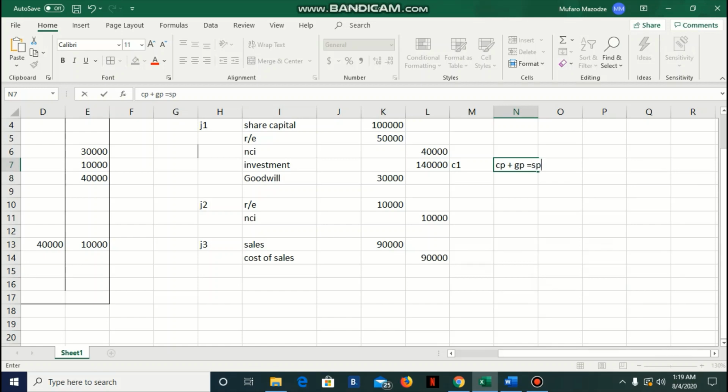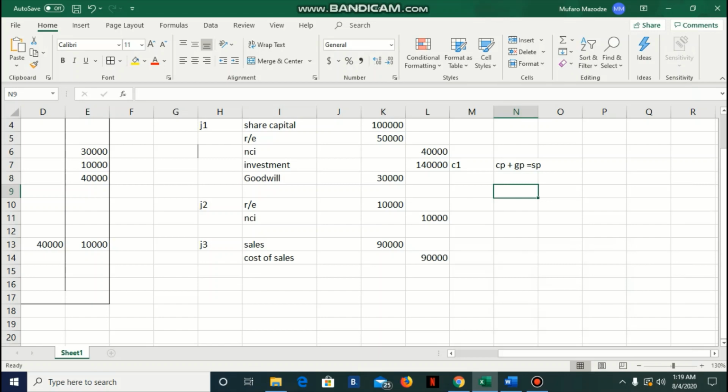I always do this so that I can remember that cost price is 100, gross profit is 20% and selling price is 120. Cost price is the one that's 100 because our gross profit is 20% on cost. If it was 20% on sales, or a 20% profit margin, then selling price would have been 100.